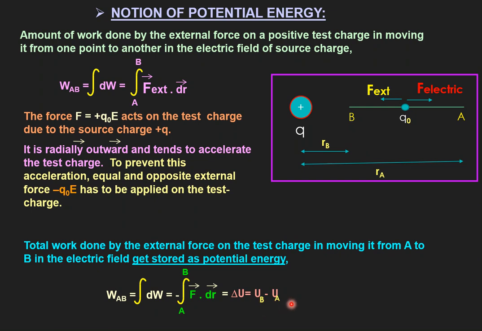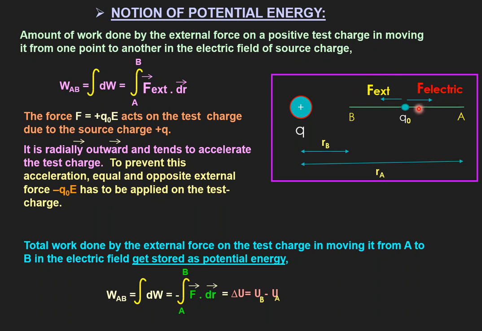So this is the basic concept of potential energy: in the presence of some force or field we move the test charge. Already there will be some electric force. Against that electric force we apply an external force, and this external force must balance the electric force.